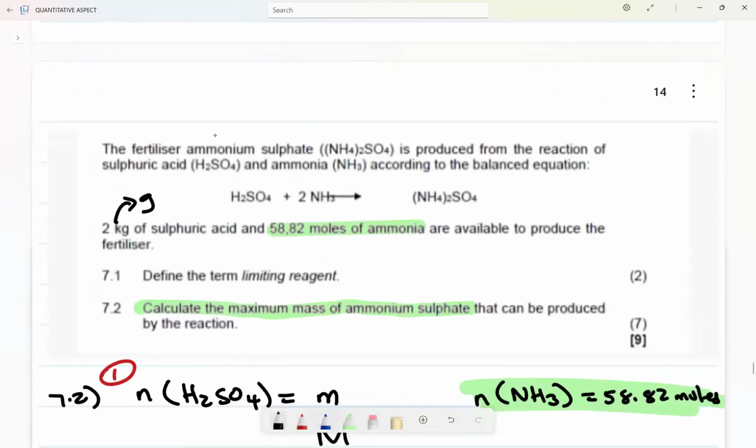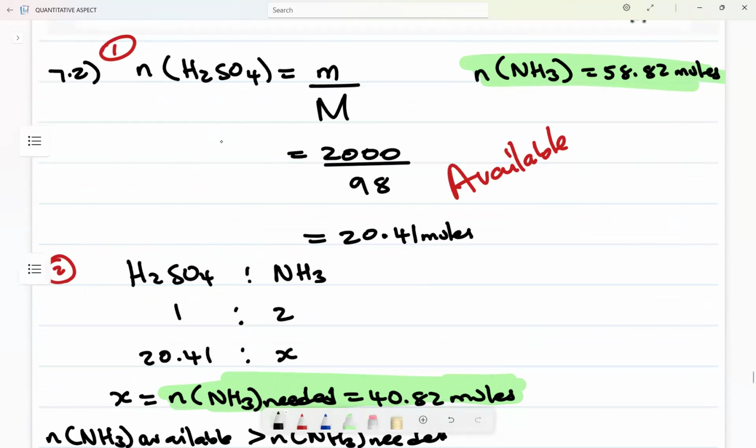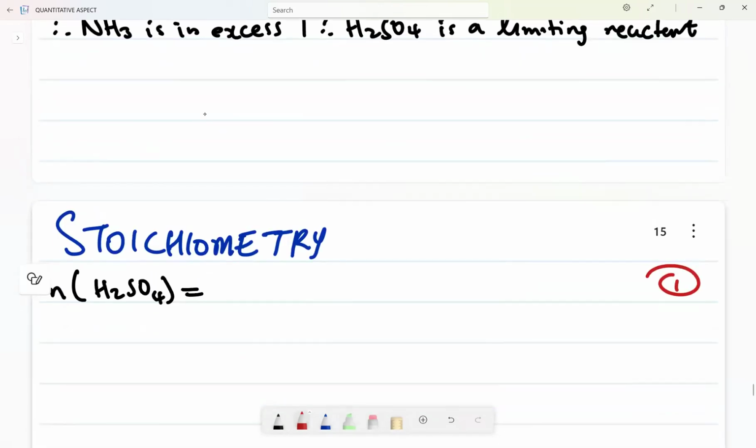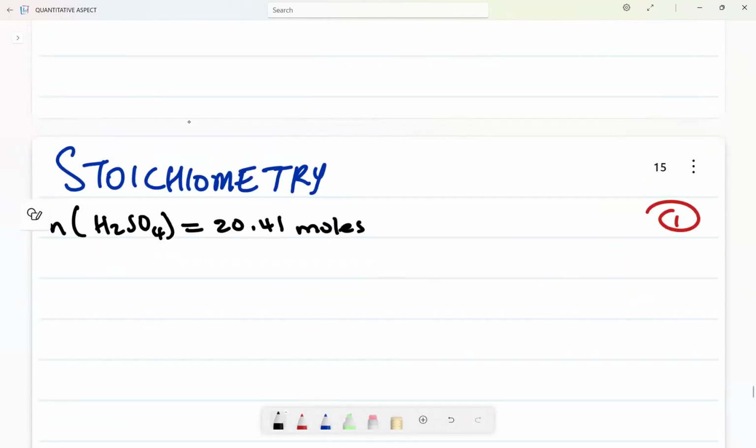Remember, we look at the initial, the available one for H2SO4. This is what we refer to as a limiting reactant. Therefore, it is 20,41. We already know that. 20,41 what? Moles.